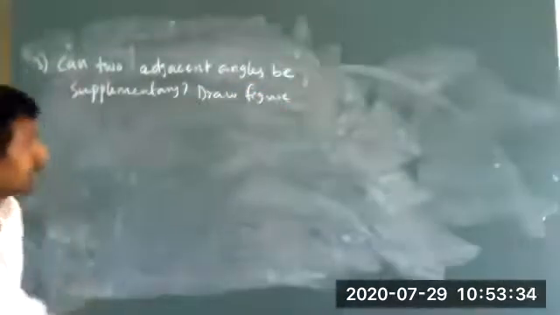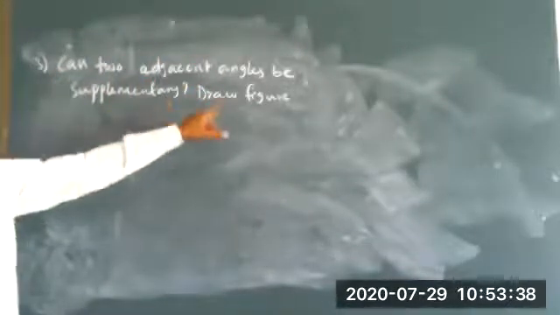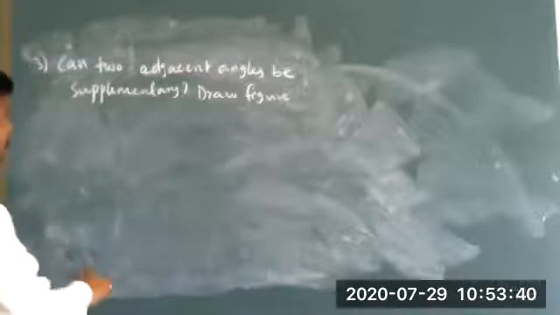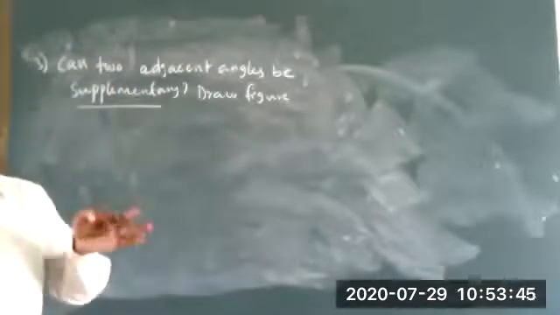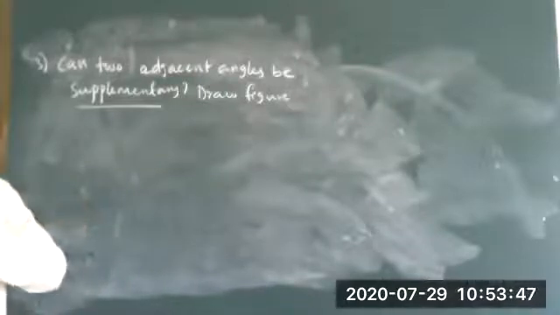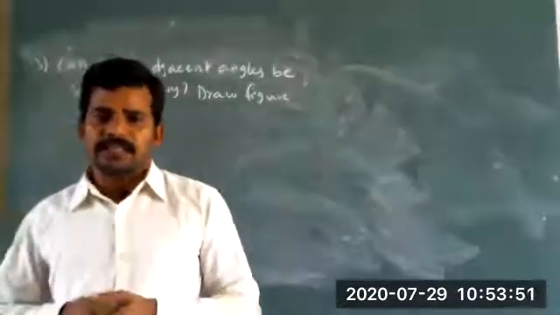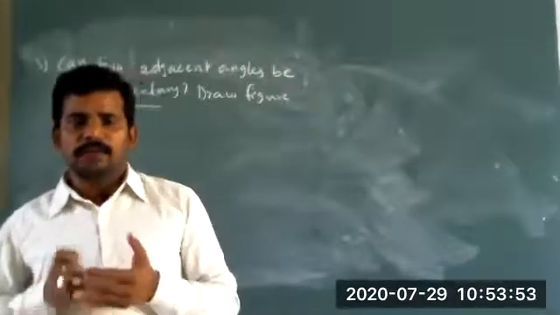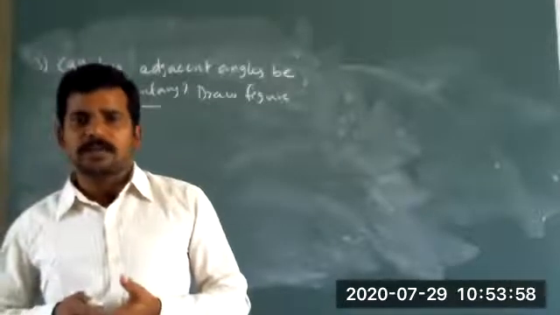Children, what is the given? Can two adjacent angles be supplementary? What about supplementary, children? When the sum of two angles is equal to 180 degrees, it is called supplementary angles. Once again, when the sum of two angles is equal to 180 degrees, it is called supplementary.